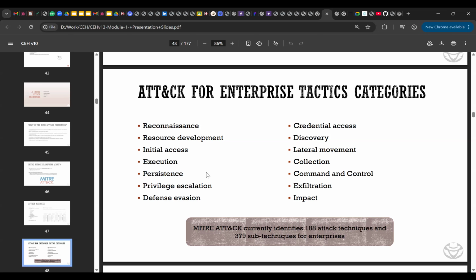Next is persistence. Persistence basically is, once we have executed our payload, we don't want our malicious code to get executed only once. We want it to be persistent so that we can collect as much information as possible.